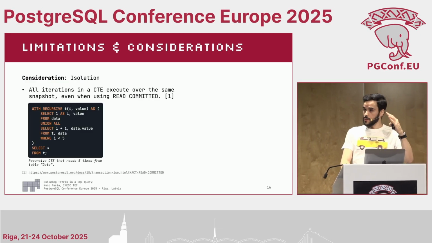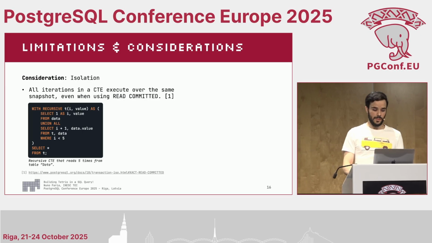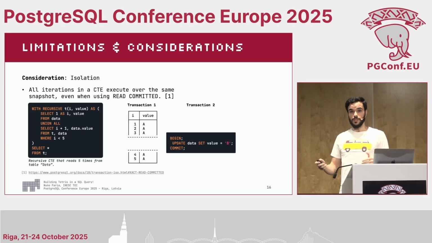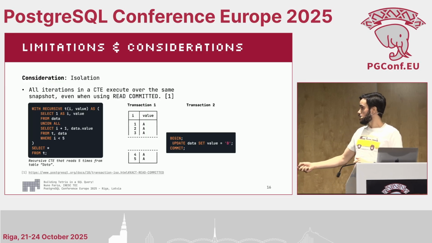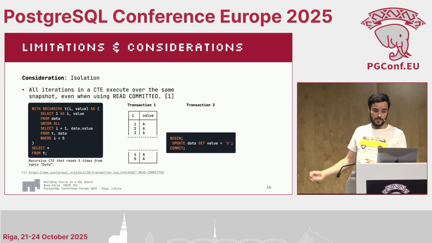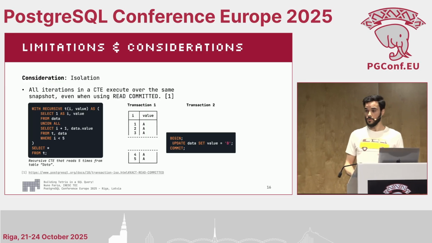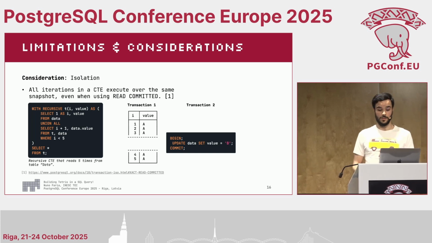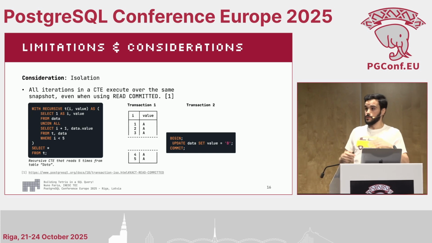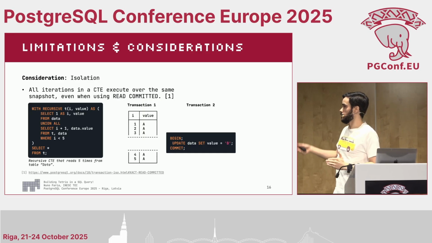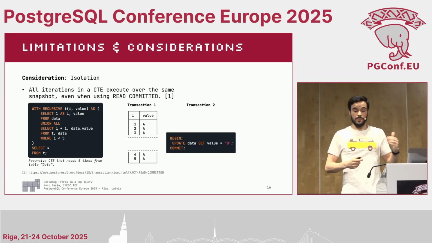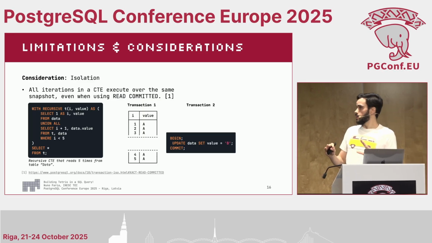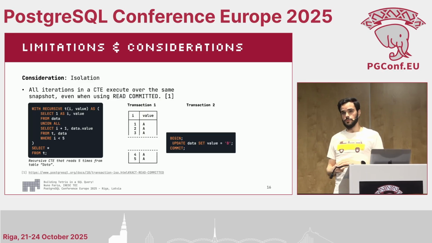So we might have a recursive CTE reading from a table and concurrently have a transaction which is updating that same table, but our recursive CTE will never see any new updates made to that table, even if the other transaction commits and we are using the read committed isolation. And this is probably for the best, so we don't get surprised when running our recursive CTE, but just think of it as foreshadowing for what's to come.